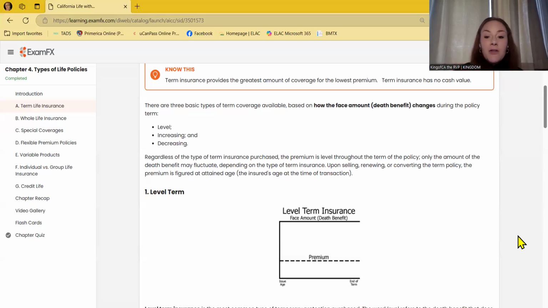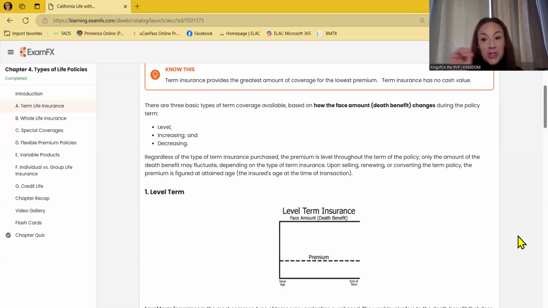Okay, so level term is talking about the death benefit. Okay, let's just say the death benefit is $300,000. In level term, it is going to stay $300,000 the entire duration of that term. It is not going to go up. It is not going to go down. The death benefit. Okay. Term insurance also has a level premium.